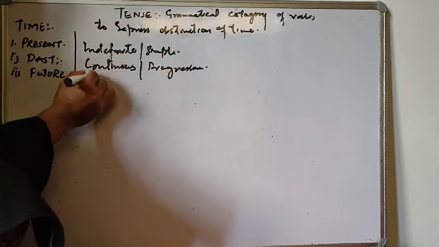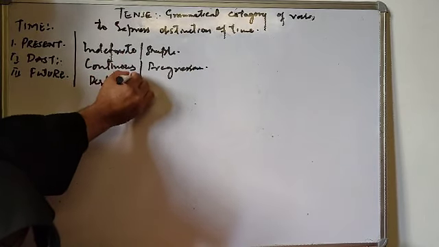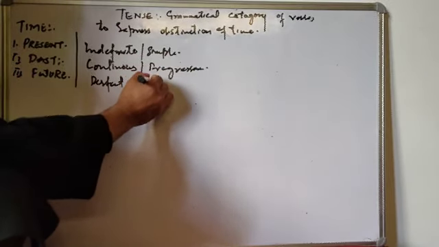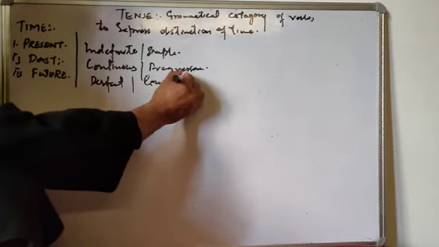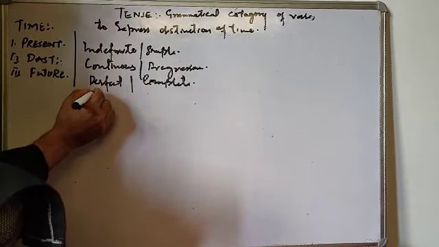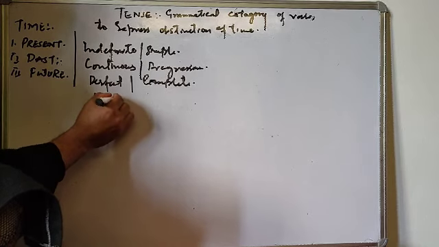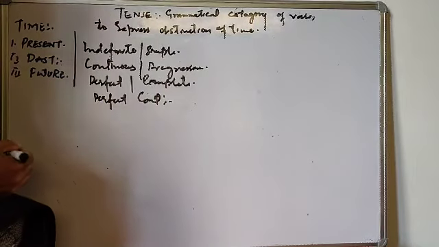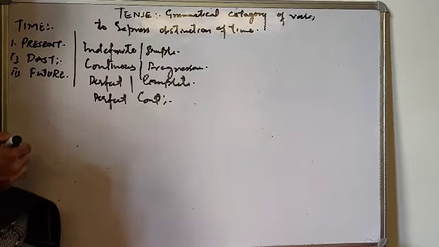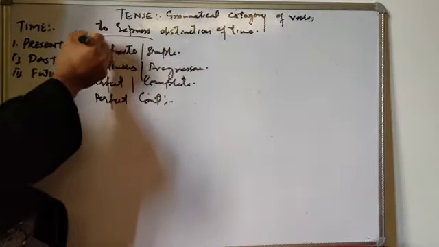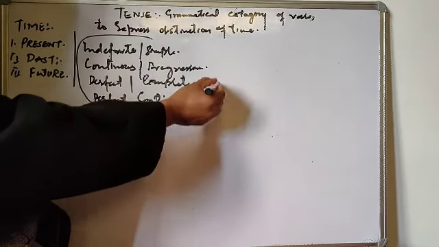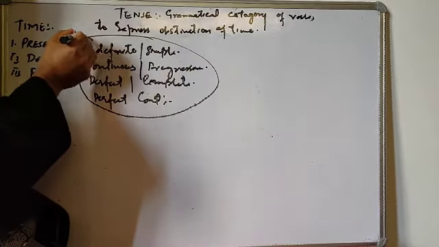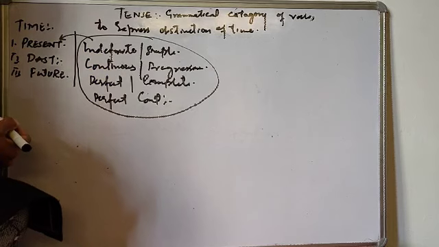Number third is perfect or complete tense, and the last one is a hybrid tense, perfect continuous. So these are basically four tenses we need to understand, and then we have to contrast them with the time categories.